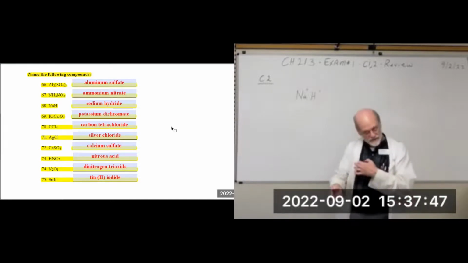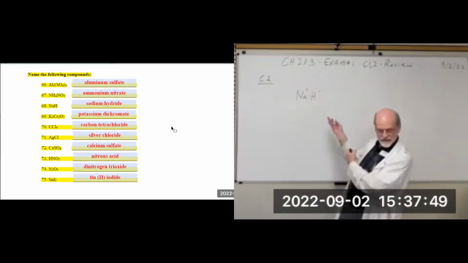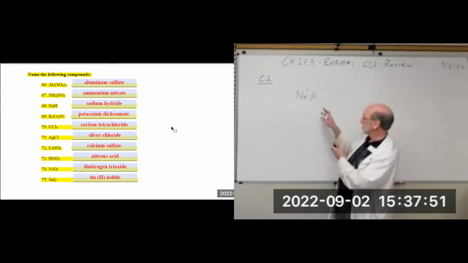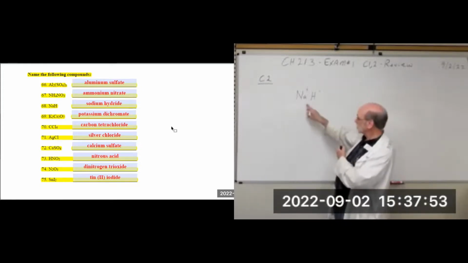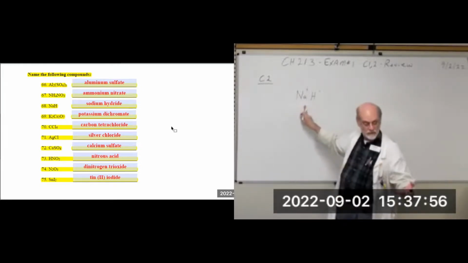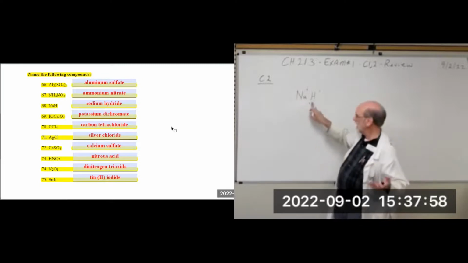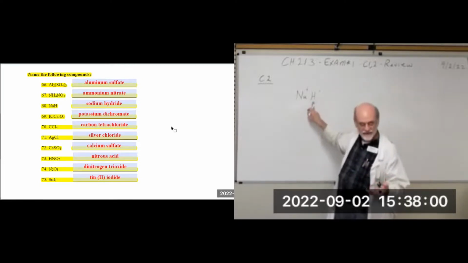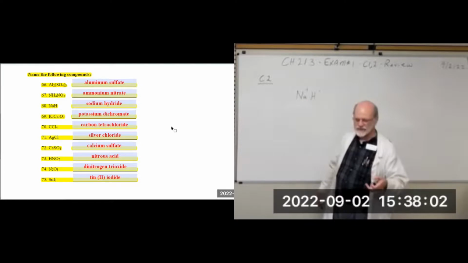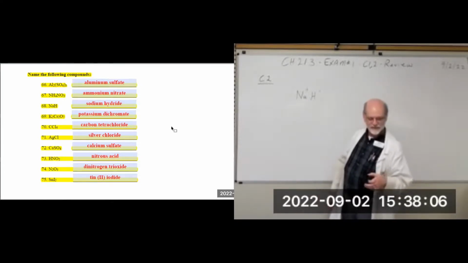In the acid, it's plus, but in the hydride, it's minus one. But you just say sodium, type 1, because it's fixed charge, and then hydrogen becomes hydride. And then we don't say hydrogide. It just doesn't sound right. So hydride is simple enough.